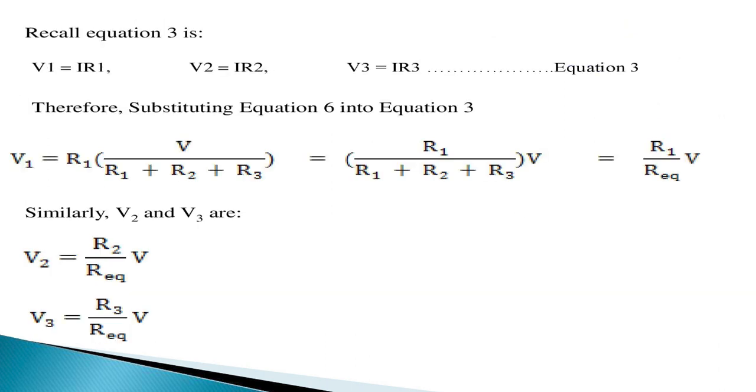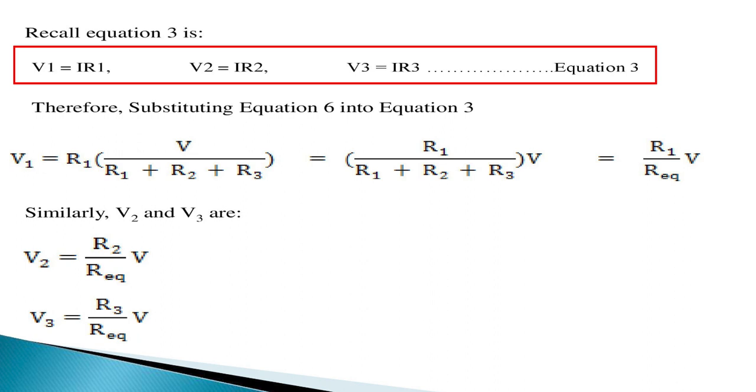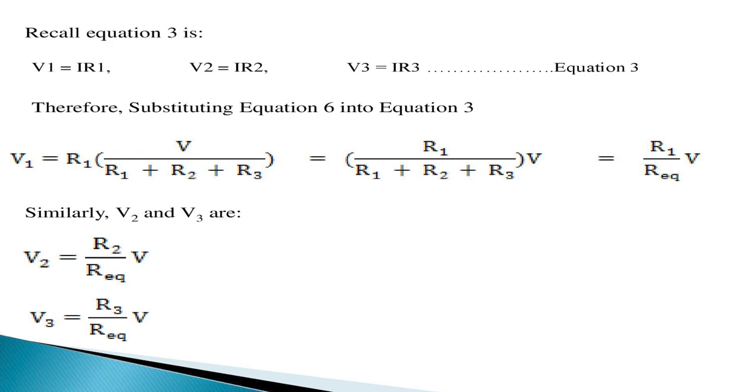Now, if we substitute our equation 6 into our equation 3, which gives us our individual voltages V1, V2, and V3, we will have our V1 from equation 3 as IR1. So V1 is equal to R1 in bracket I, and our I is equal to V over R1 plus R2 plus R3, which we agreed is R equivalent.